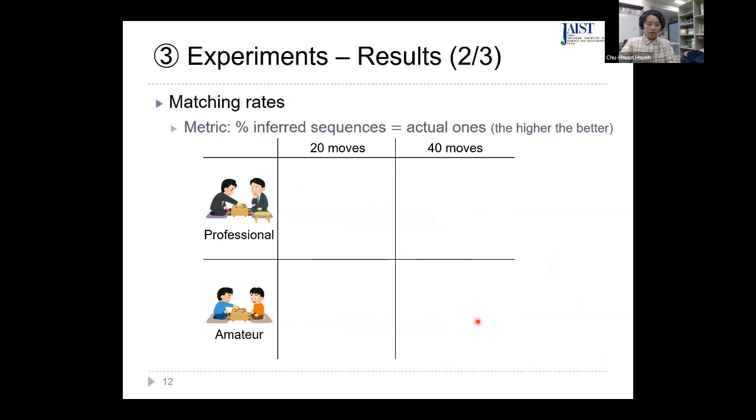Then the next result, maybe the most important metric in this paper. We wonder how many inferred sequences exactly match the actual move sequences. And here's the result.